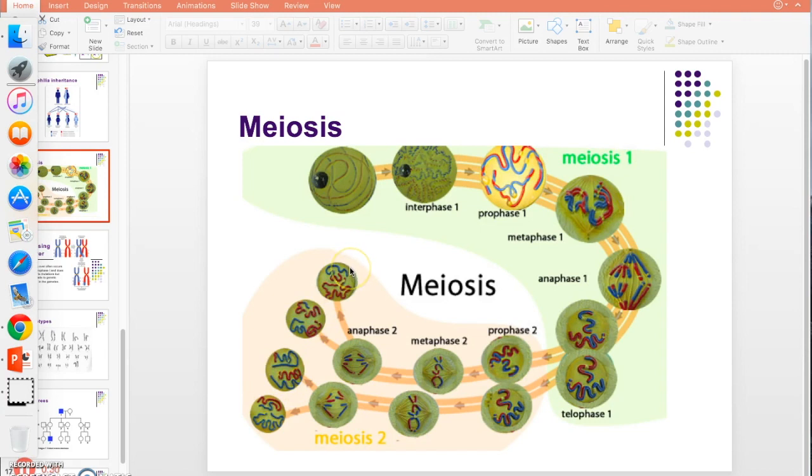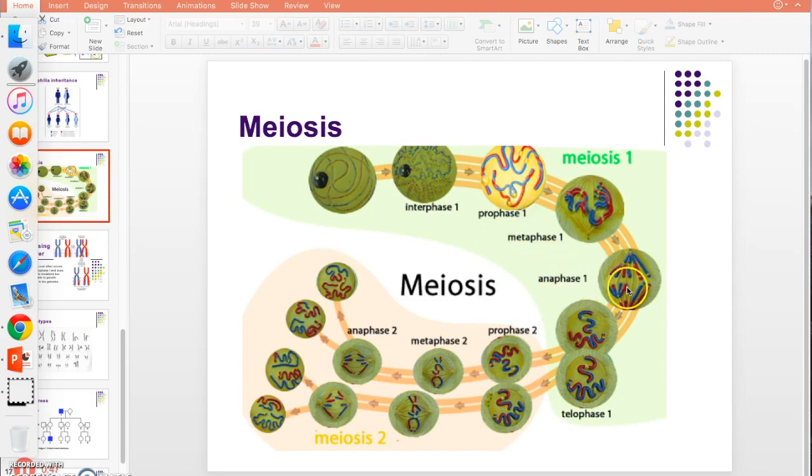A couple of important things about meiosis to point out is that in prophase 1, you can see the mixing of chromosomes. This is called crossing over and doesn't lead to genetic mutation, but instead leads to genetic variation among our offspring.